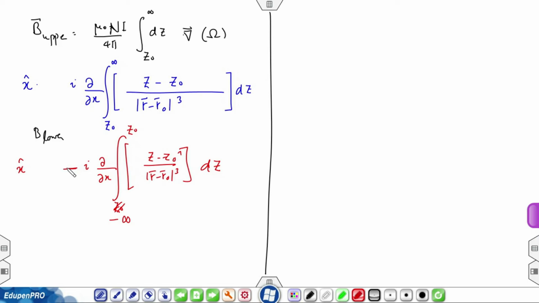Now, I leave the manipulation to you to show that B upper x component is minus B lower x component. It is very easy to show.